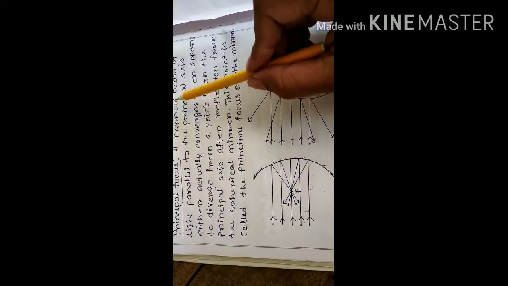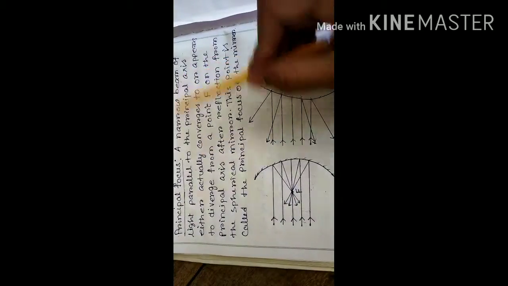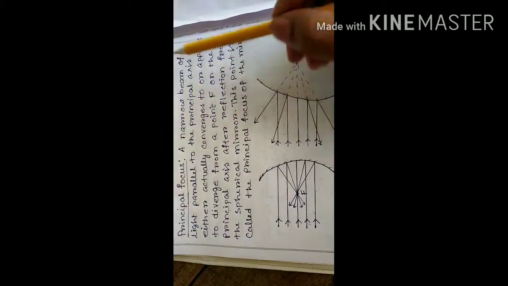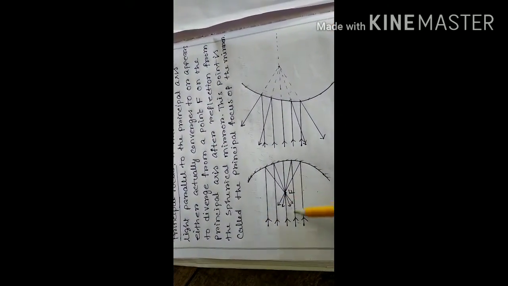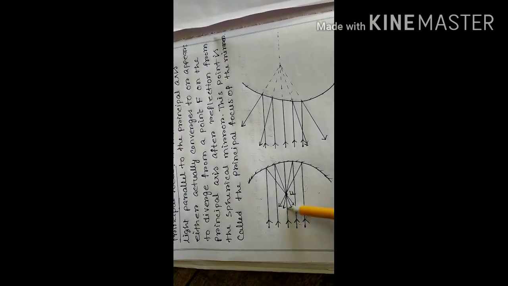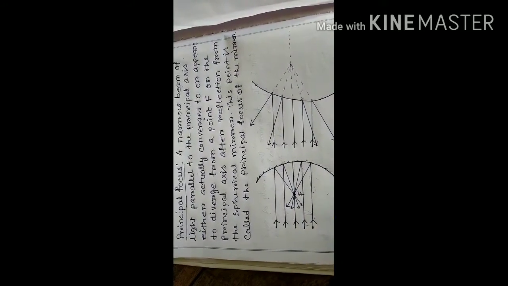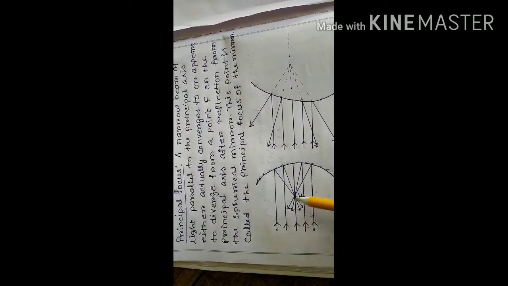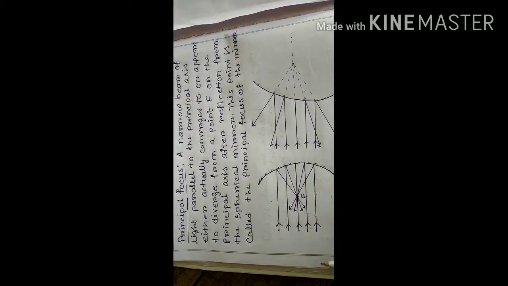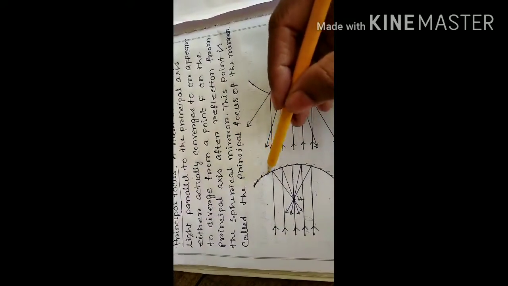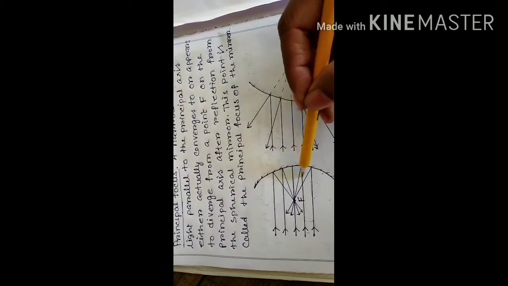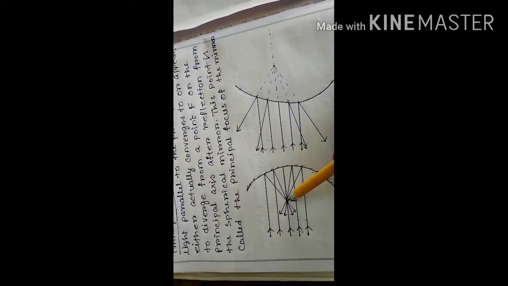See, first line, a narrow beam of light. A beam of light means there are lots of rays, which are parallel to the principal axis. We are considering some rays which are parallel to the principal axis. Now, what is going to happen after reflection? When these rays are incident on this reflecting surface, after reflection all the reflected rays meet at a point.